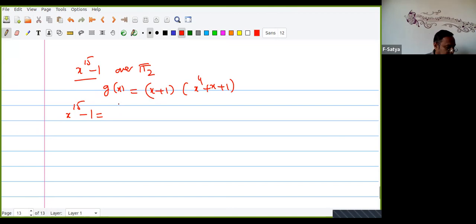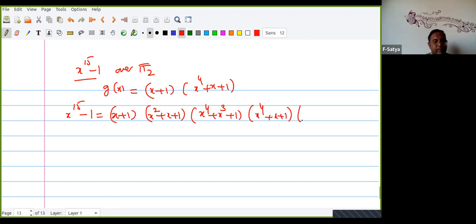So this is equal to x plus 1 into x square plus x plus 1 into x power 4 plus x cube plus 1 into x power 4 plus x plus 1 into x power 4 plus x cube plus x square plus x plus 1.